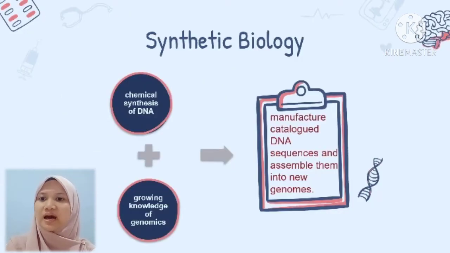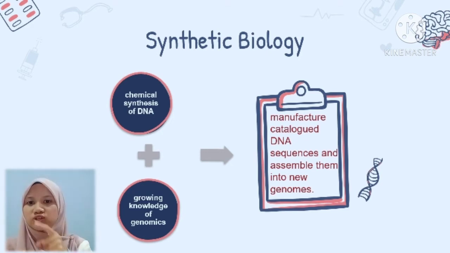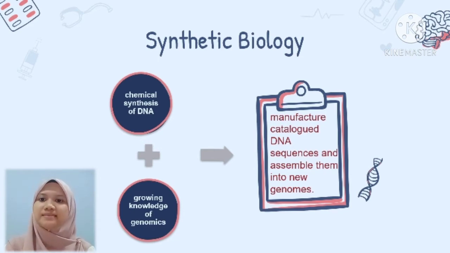Next is how synthetic biology occurs. It is by combining the chemical synthesis of DNA and the growing knowledge of genomes. Therefore, it enabled researchers to manufacture catalogued DNA sequences quickly and assemble them into new genomes.